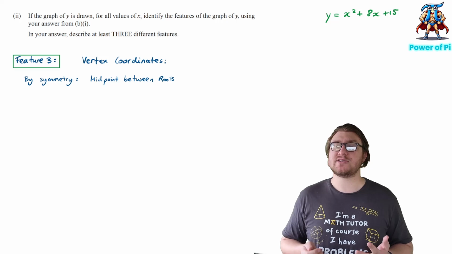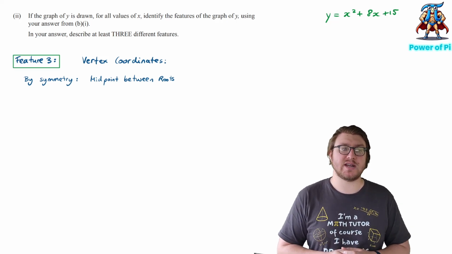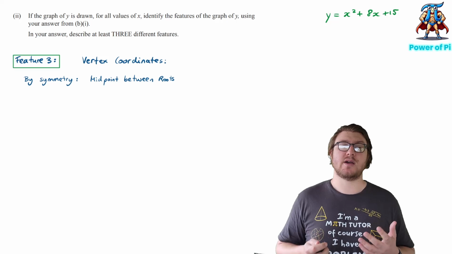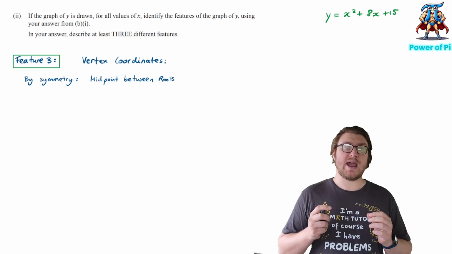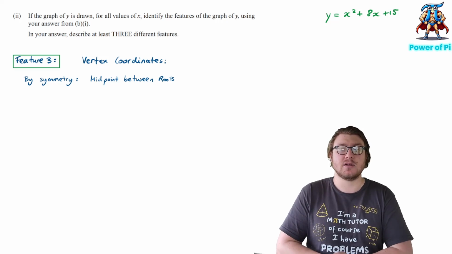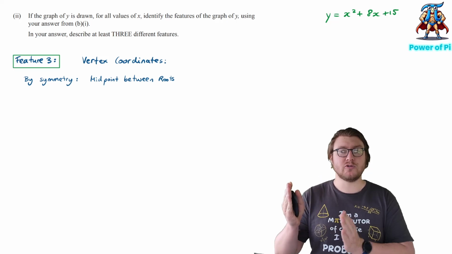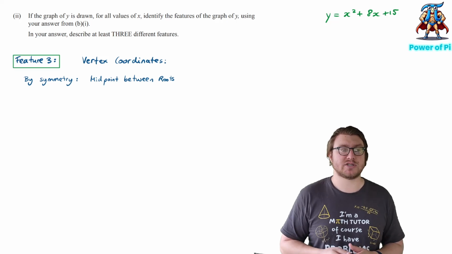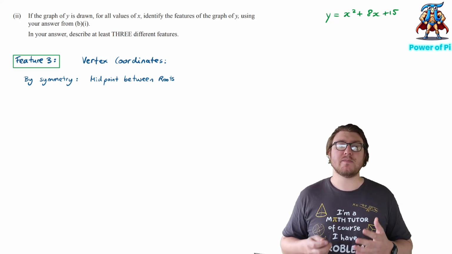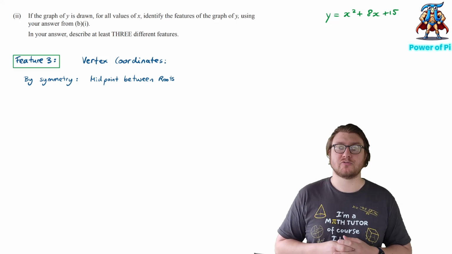We're going to be using the symmetry of the quadratic in order to find the vertex. We always know that we have symmetry around the middle, the vertex. So the roots are exactly equal distance away from the vertex at all times. So we're going to find the midpoint between our two roots.